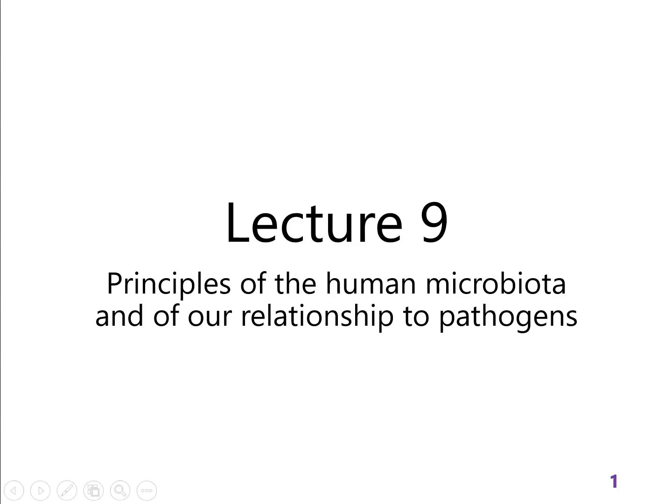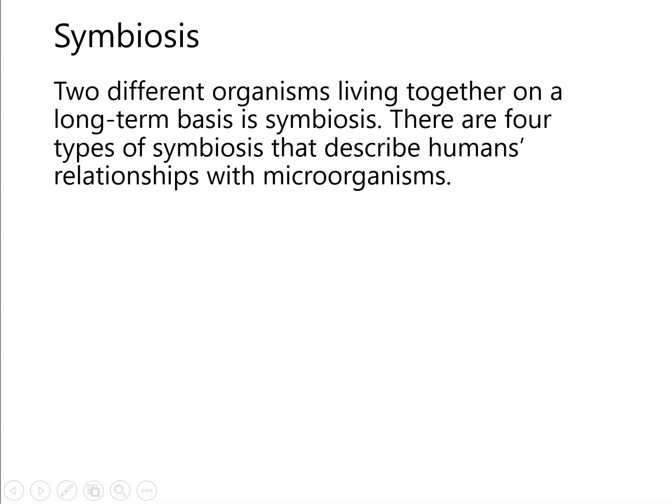Where we're going to start is by thinking about symbiosis, because ultimately this is how we could describe any relationship we have with microorganisms. Whenever two different organisms live close together, that's a symbiosis. And there are all different possible symbioses that happen with us.